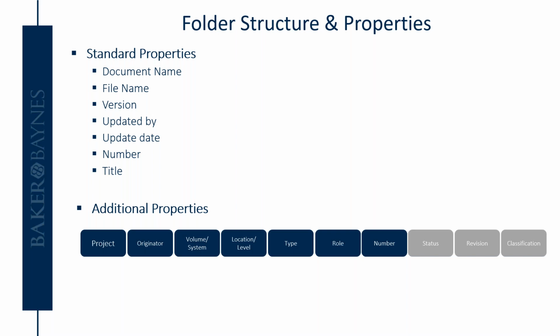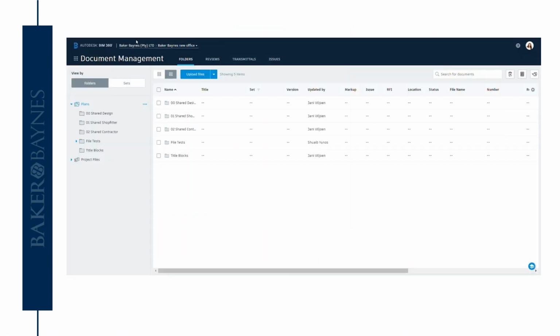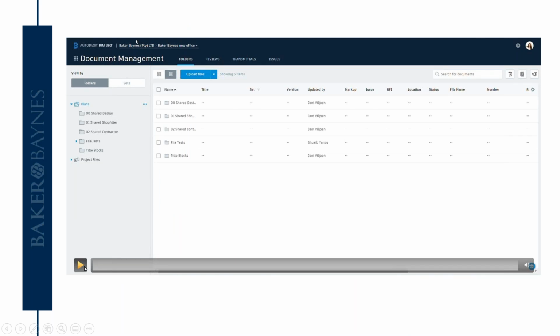There are these additional attributes or pieces of information that you might want to add: your project, your originator, your volume or your system, your location, level, type, role, number. These gray blocks are metadata, status, revision, and classification. So I'm going to show you just what I mean exactly by these additional properties or attributes in BIM 360.